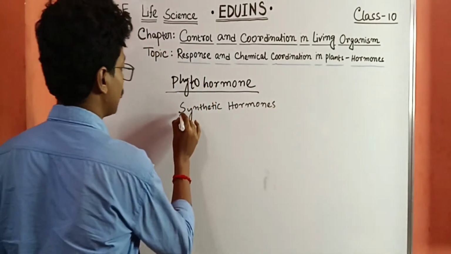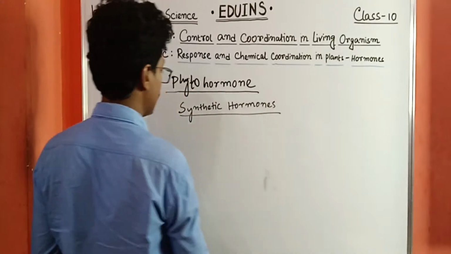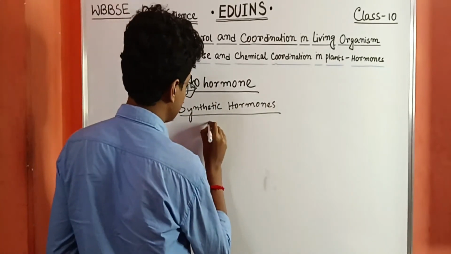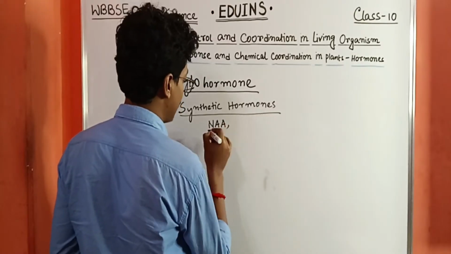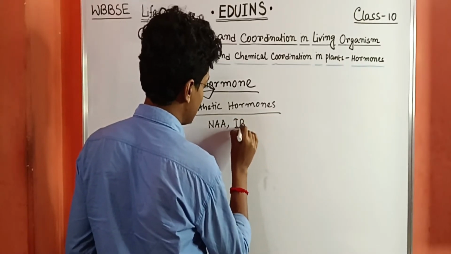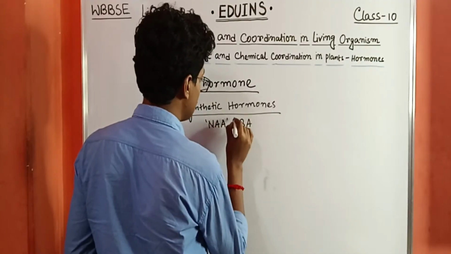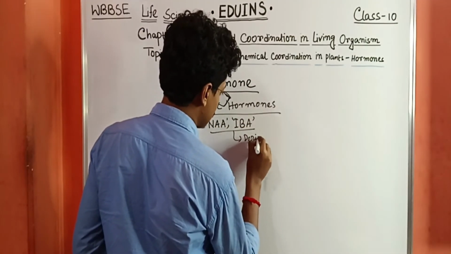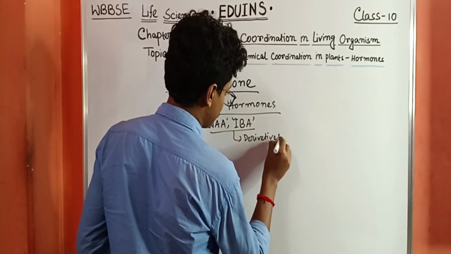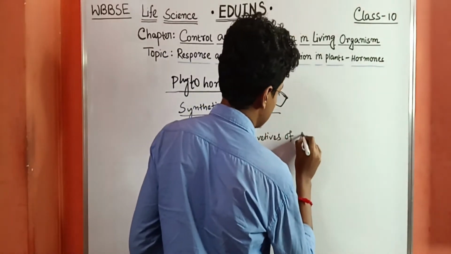One common example is NAA and IBA. These are two derivatives of auxin.